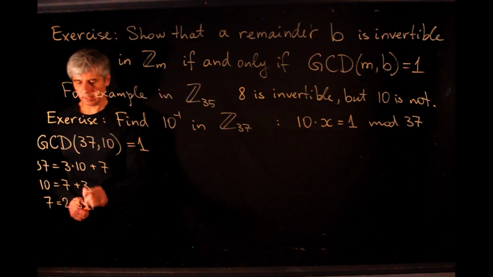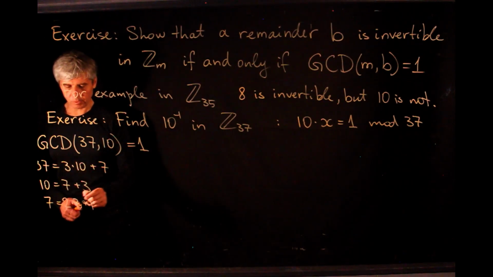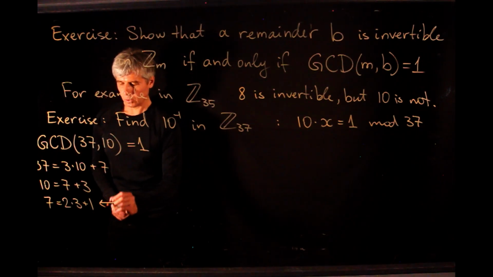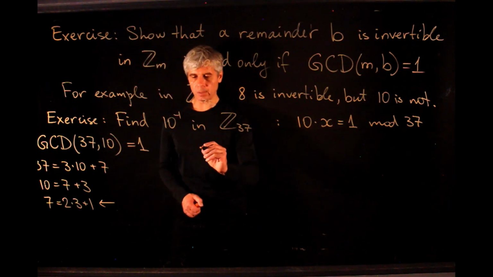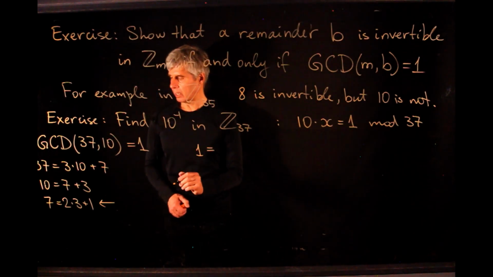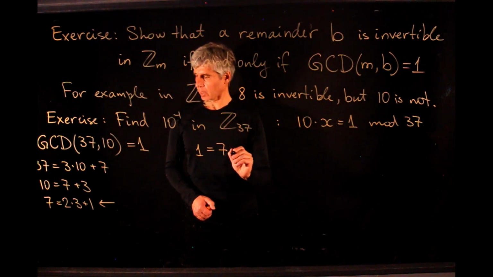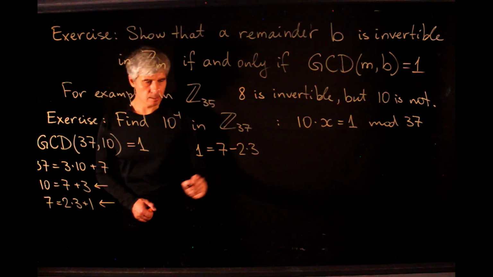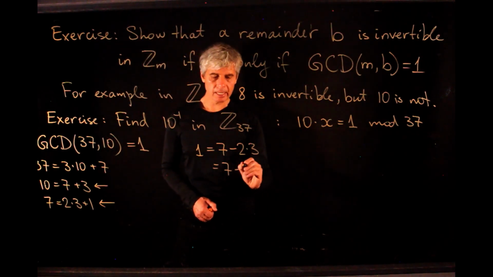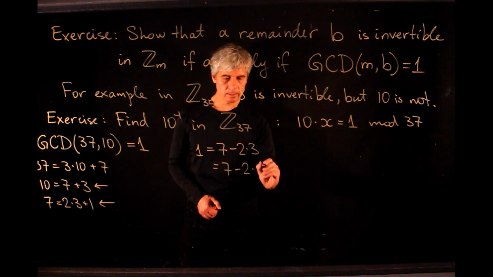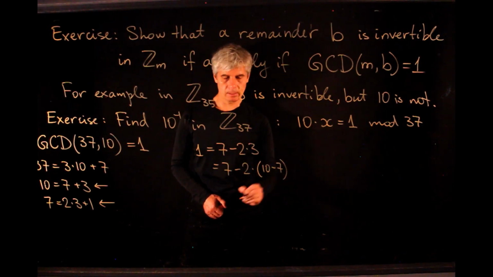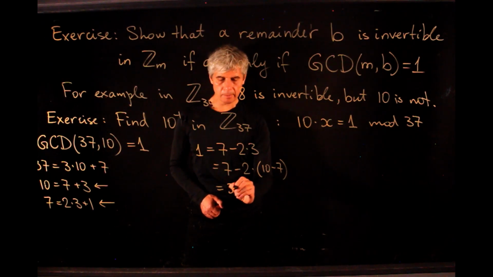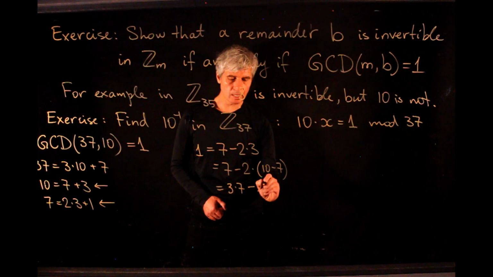So now we arrived at the end of this calculation. And now we have to do the reverse part of it. So we start and work out backwards. So 1 is 7 minus 2 times 3. Then we eliminate 3. So we get 7 minus 2 times (10 minus 7). So this is going to be 3 times 7 minus 2 times 10.